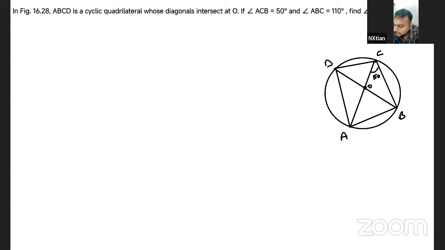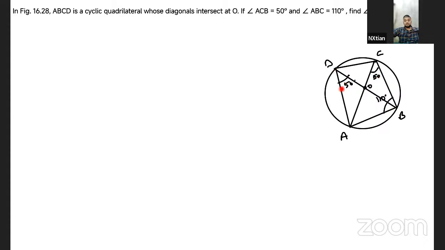Okay, we have to take out BDC. So, Anna, we learned this property now. If this is triangle ACB and the AB chord is creating an angle on C which is 50 degrees, then this will become what? 50 degrees, because the same chord is creating another angle on the circumference.